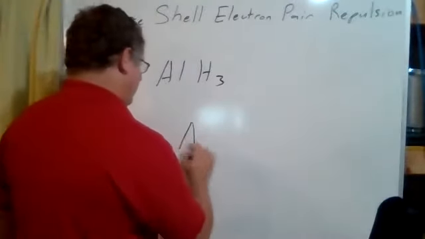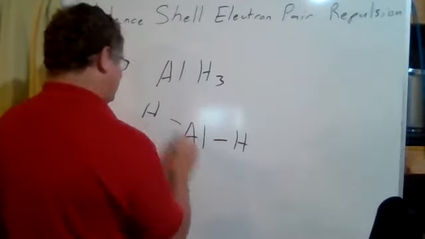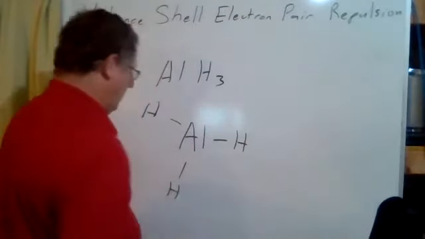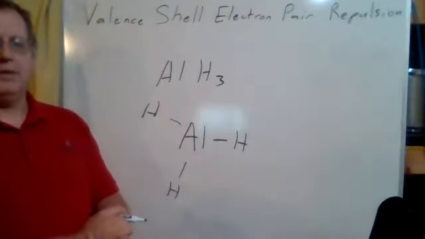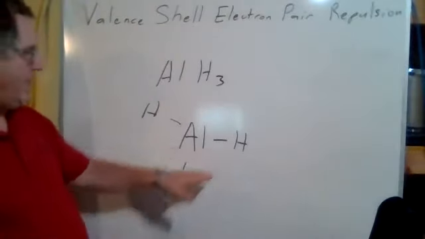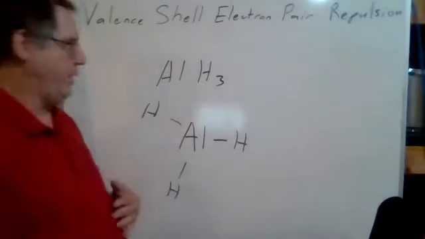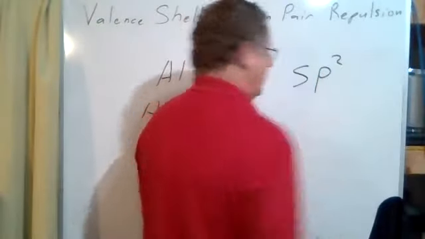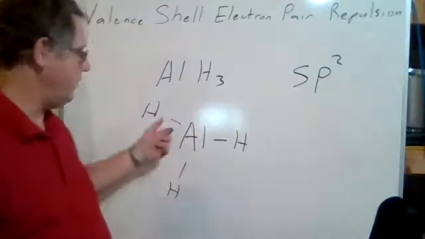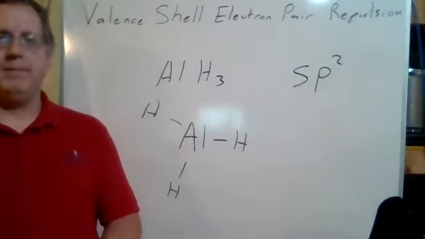I'm going to have an aluminum, and it is going to form a substance, aluminum hydride, that is going to have three regions of electron density. So let's go through that. 3. So I'm going to have an s and two p's, sp2. That is 1, 2, 3, 1, 2, 3. Easy as 1, 2, 3, right?